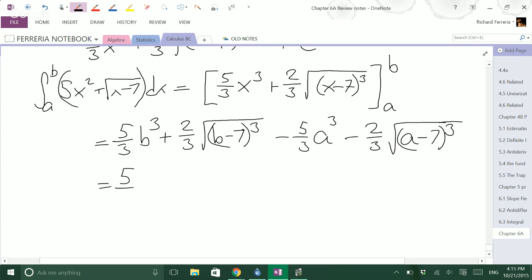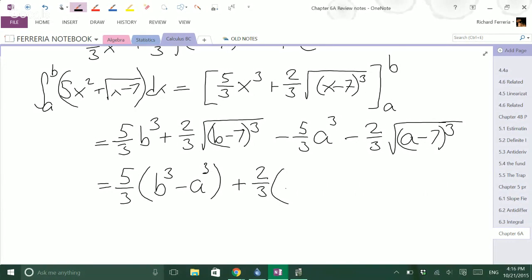We got 5/3 of b cubed minus a cubed plus 2/3 of b minus 7 cubed minus a minus 7 cubed. So that looks pretty good.